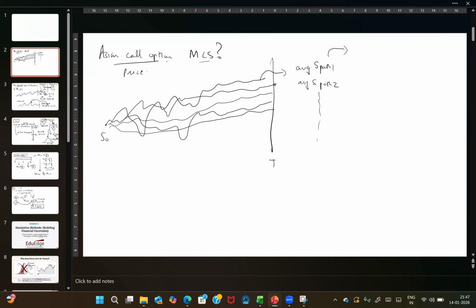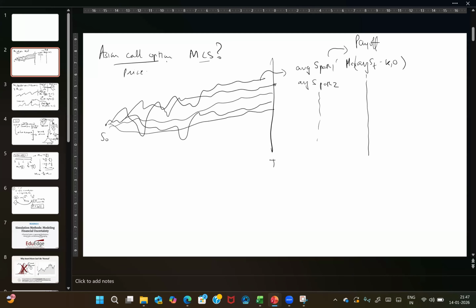Once we have that, we feed that into a payoff function. And our payoff function is nothing but max of average stock price minus K, comma 0. And then you calculate payoffs for each of the paths.